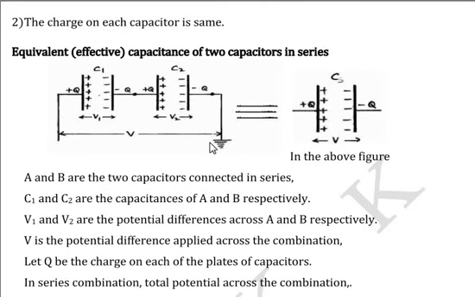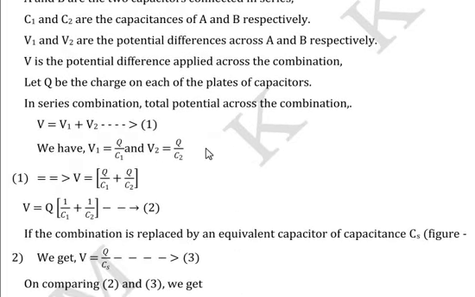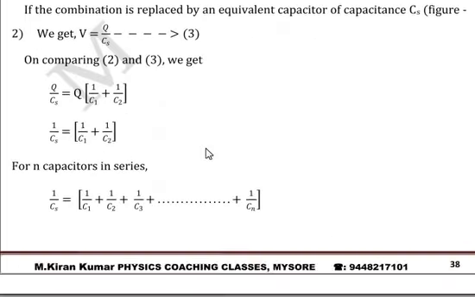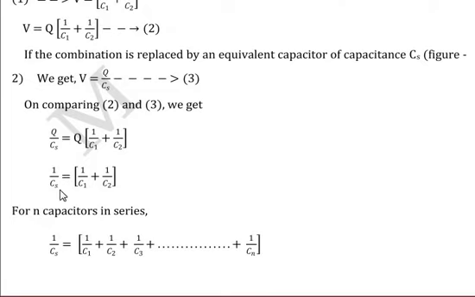We had derived the expression for the effective capacitance as 1 by Cs is 1 by C1 plus 1 by C2, where C1 and C2 are the capacitances of the two capacitors in the combination, and Cs is the effective capacitance.